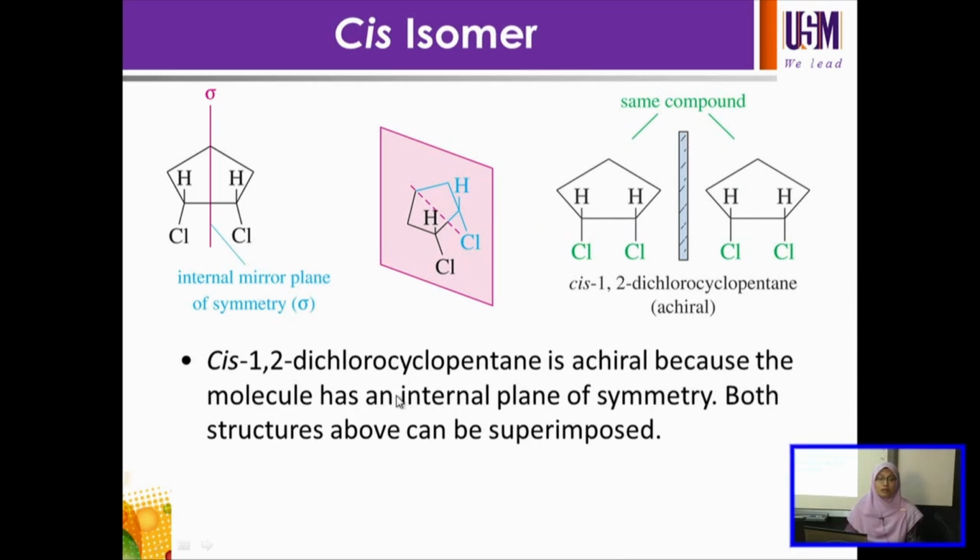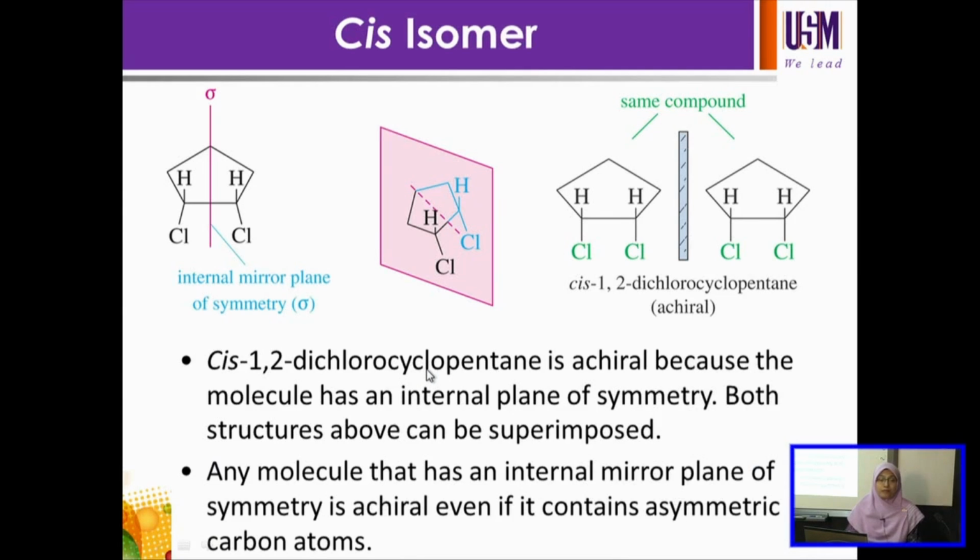So cis-1,2-dichlorocyclopentane is achiral because the molecule has an internal plane of symmetry, and both structures can be superimposed. Any molecule that has an internal mirror plane of symmetry is achiral, even if it contains asymmetric carbon atoms or chiral carbons. Even if it has a chiral carbon inside the molecule, if it has an internal plane of symmetry, it is achiral.